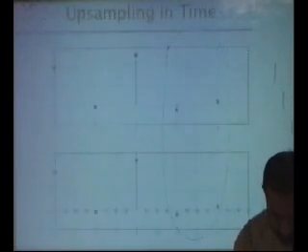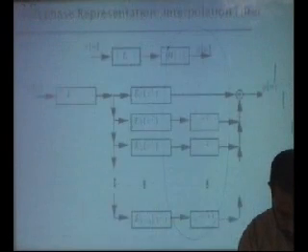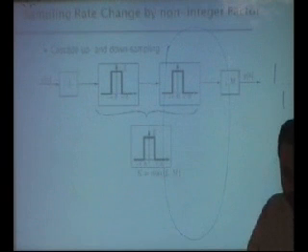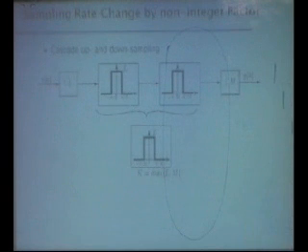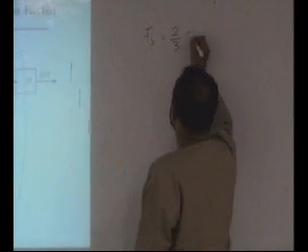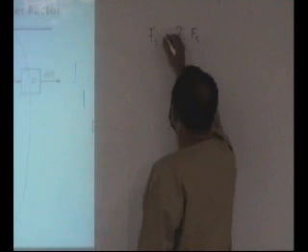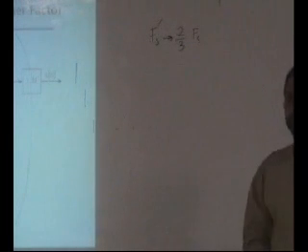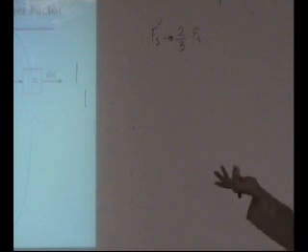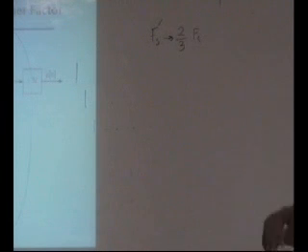There is just one small topic: what if you want to change the sampling rate by a non-integer factor? Let's say I want the new sampling rate fs dash to be 2 by 3 fs. 2 means I need to increase the sampling rate by 2, and 1 by 3 means I need to decrease the sampling rate by 3.